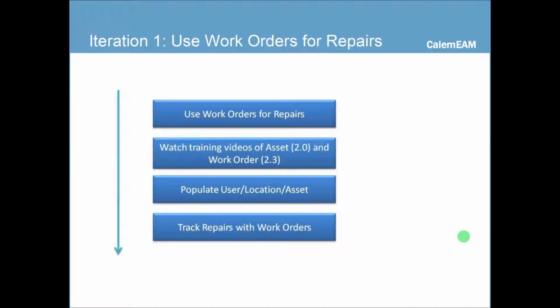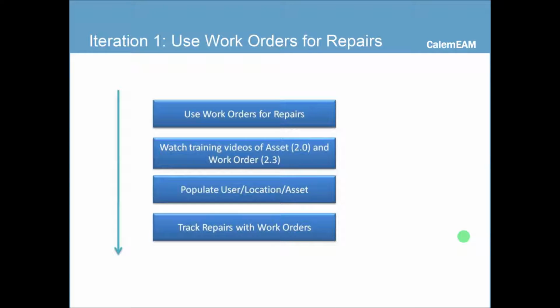The first iteration is to use work orders for repairs. The goal is to use work orders to record all the repair work you've done. You start by watching videos of the asset module and work order module. That's parts 2.0 and 2.3 of the Calem Enterprise training videos.